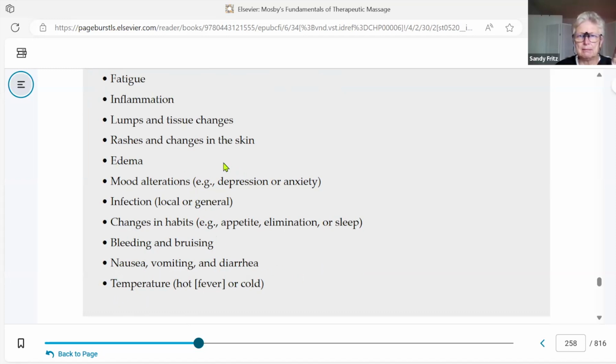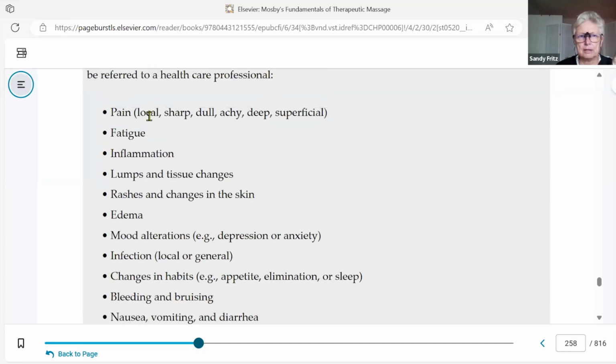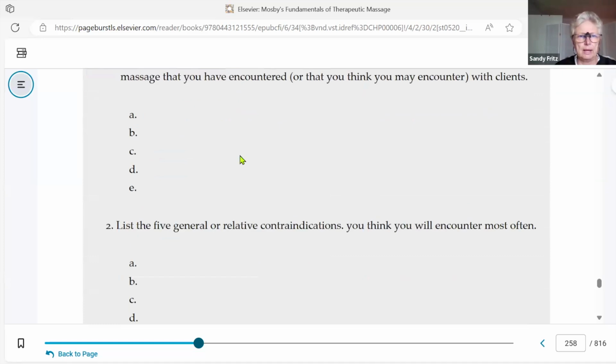That could be a skin infection, that could be a sign of a viral infection. There's all kinds of things that could be going on. So we need to recognize these things, and then help the client understand the importance of why we are referring them, and why they need to follow up on that.